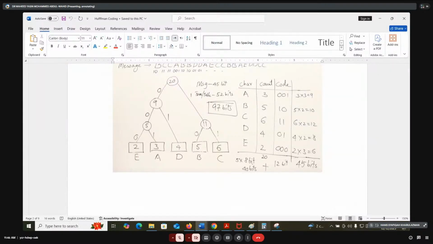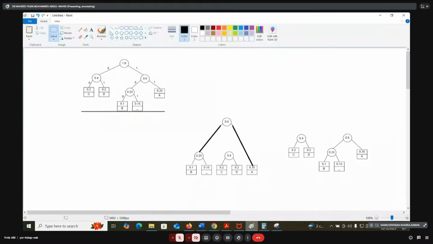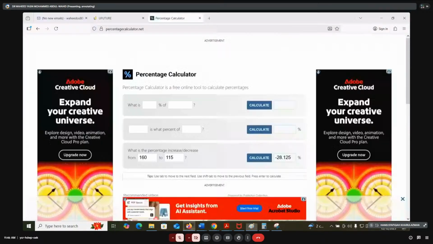So where is the calculator? To 97. So how much did I decrease it? 39%, from 160 to 97. So the compression is 39%.